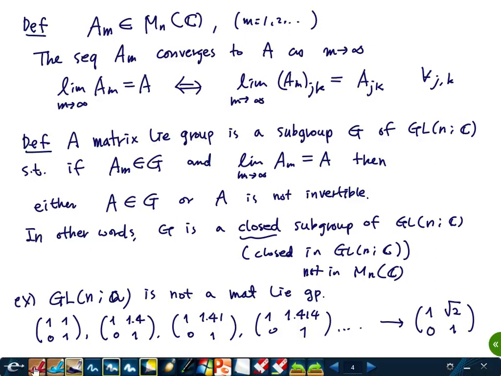Then let me ask you this question. Is GL_n(C) a matrix Lie group? Of course, it is a subgroup of itself. That's for sure. If we have this condition, do we always have this? Suppose that we have a sequence in G that has a limit. Does the limit always lie inside this group?